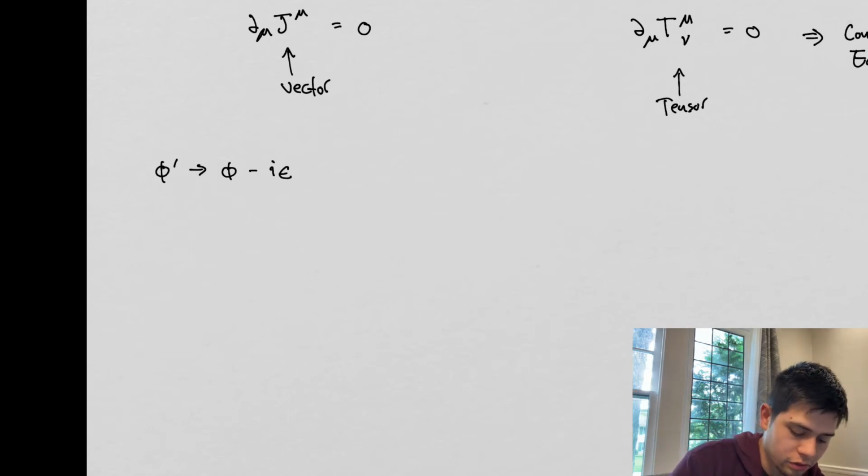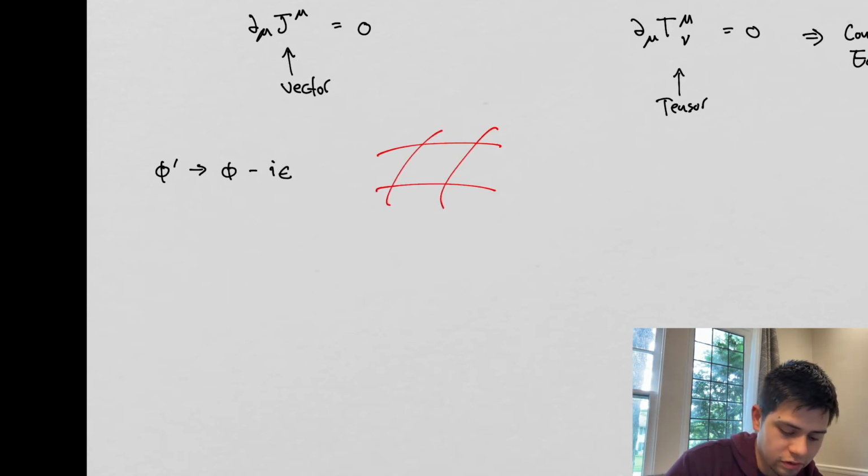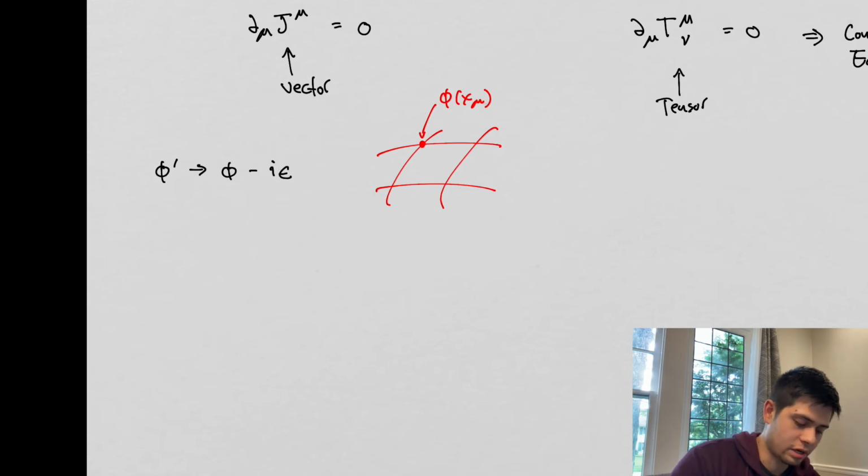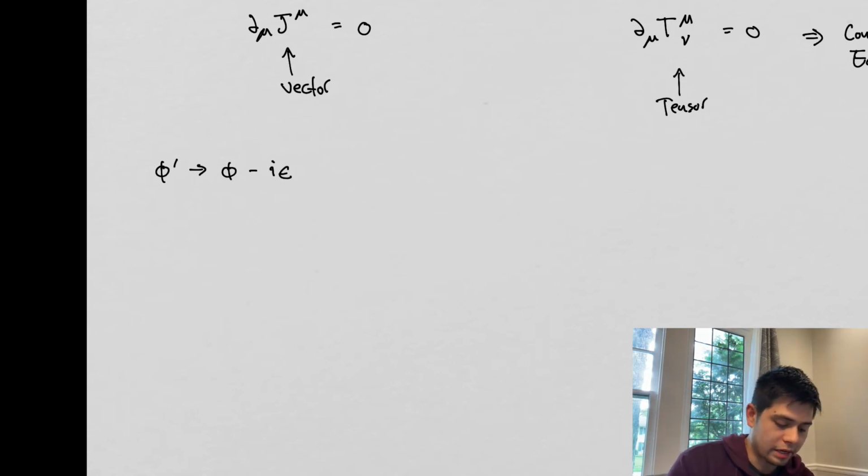If this is our field, we have a value at each point, phi at x mu, but phi can be a complex number also. There's nothing stopping us from saying that this could be a complex field. So let's take into consideration now what this might look like for us if we did this kind of shift.